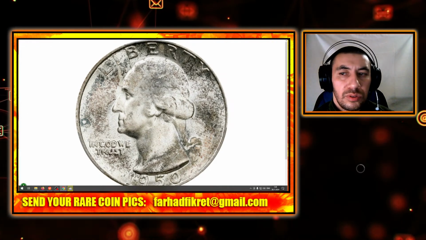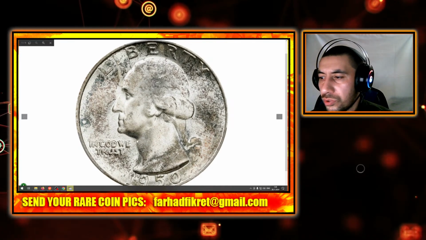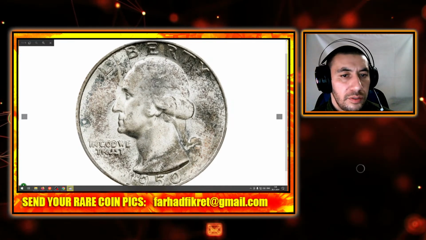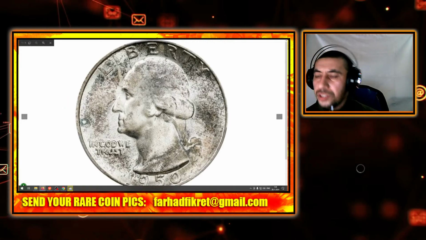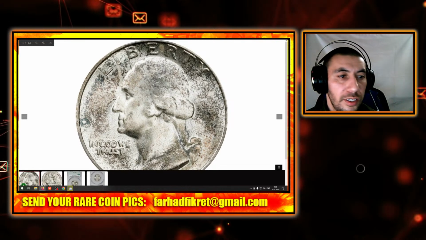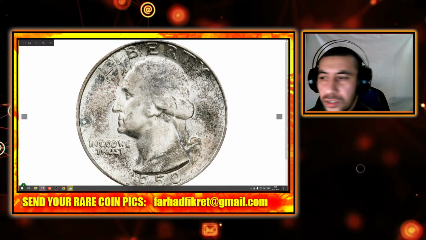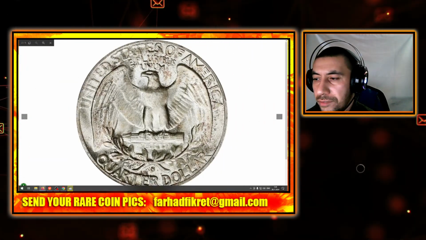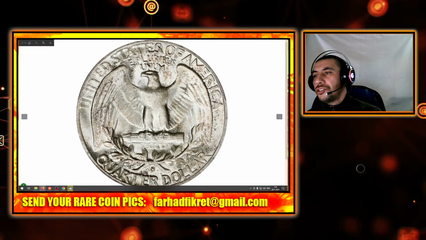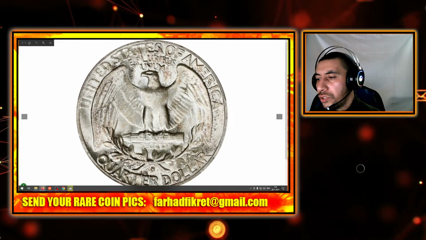Let's go to this 1950 Washington quarter. So our feature coin here is a 1950 S Washington quarter with a special feature, which is related to its mint mark.